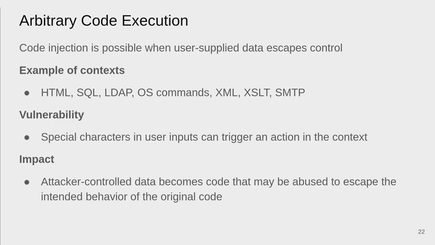Code injection in general is possible whenever user-supplied data escapes control. The attacker supplies some data to the application, the application misses a security check or validation, and then this data is interpreted as code.